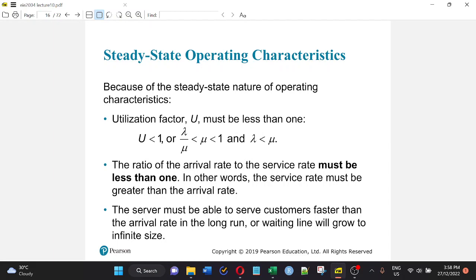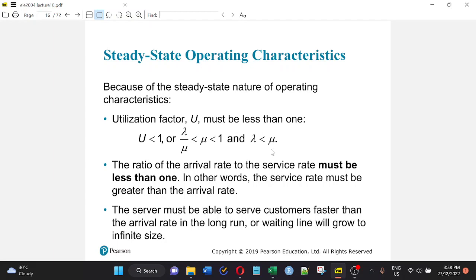If U is less than 1, it means that the formula for U, which is lambda divided by mu, must be less than 1, and so lambda must be less than mu.